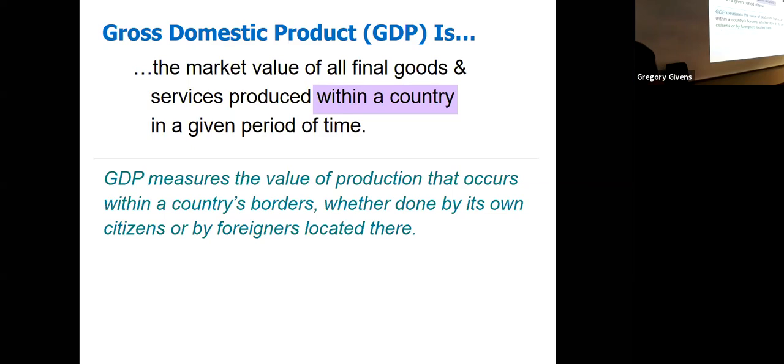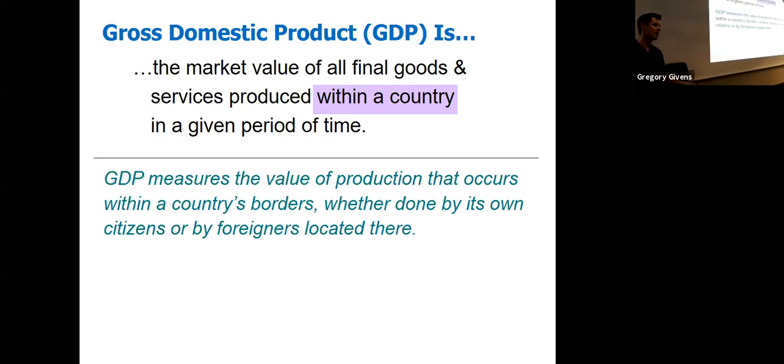What you're left with is gross national product. So GNP is essentially the total income of all of a country's citizens, regardless of where they're actually working in the world, all right? GDP is the better measure of how much domestic production is actually taking place, though.